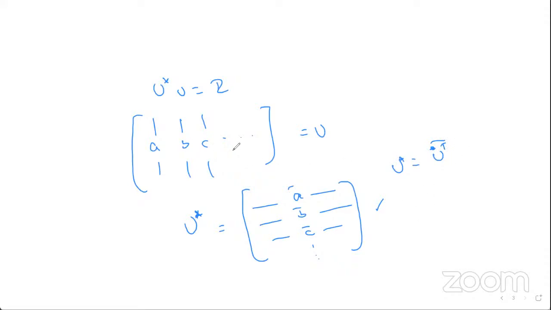What is the transpose of this? Columns will become rows, right? So basically it will become something like this.